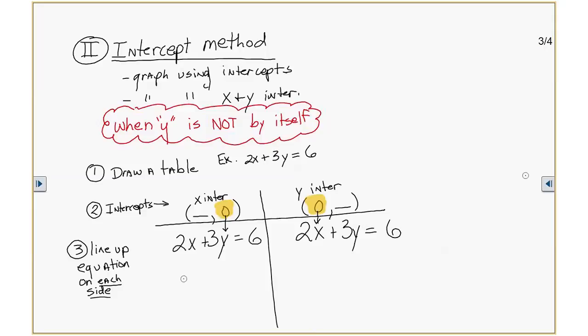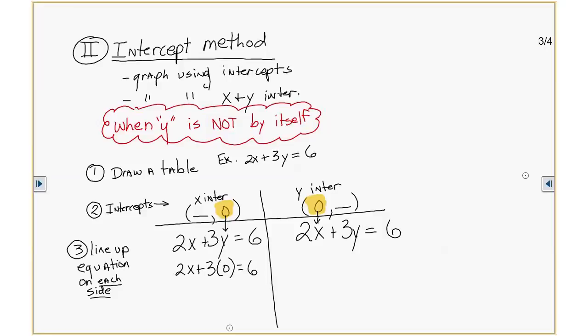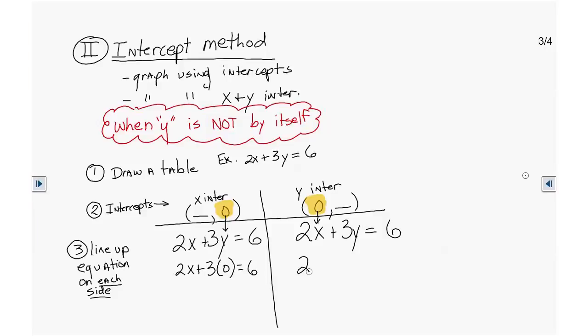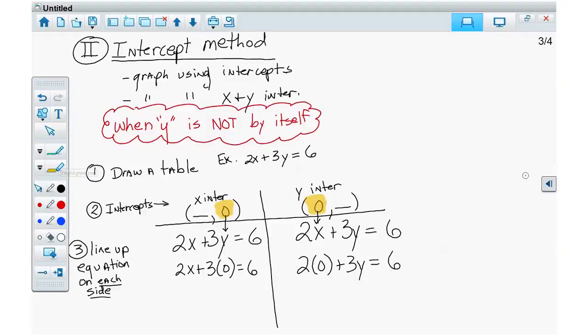So 2x plus 3 times 0 is equal to 6. 2 times 0 plus 3y is equal to 6. And what happens to the 0 terms?